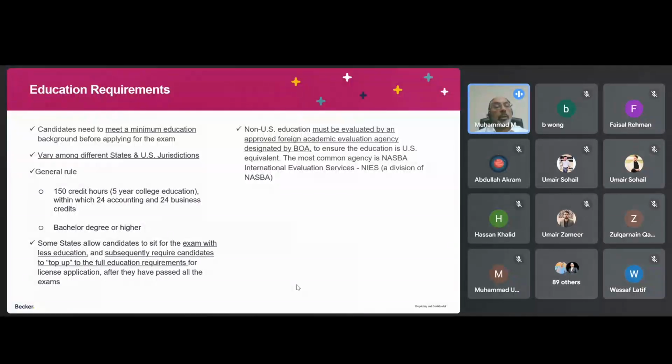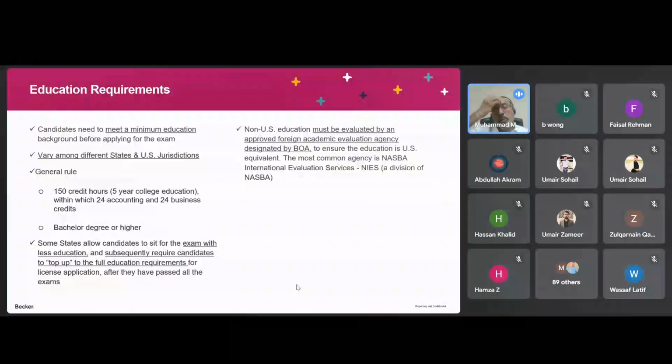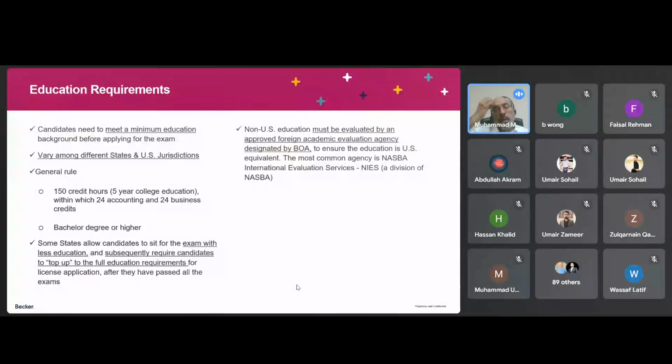Some states have a lower number of accounting credit hour requirements. It's a bachelor plus degree, and some states allow the candidate to sit the exam with lesser education, like under 20 credit hours, and without even graduation. A couple of states allow you to go for it even if you are not covered by a graduation.